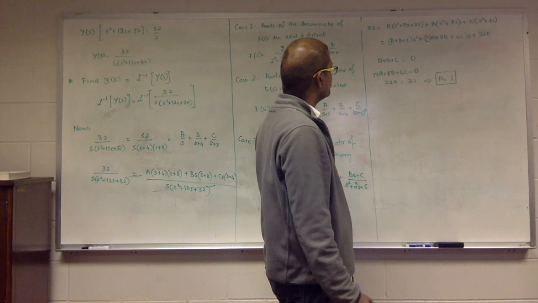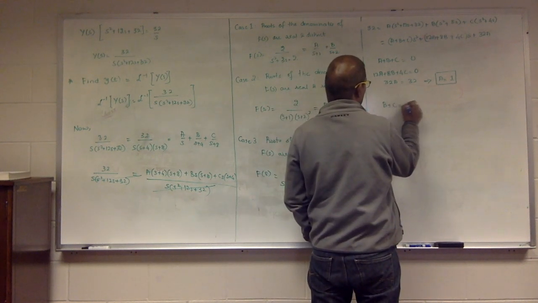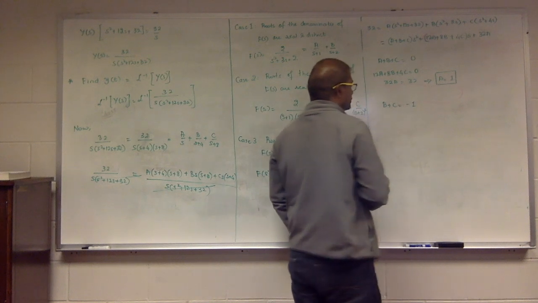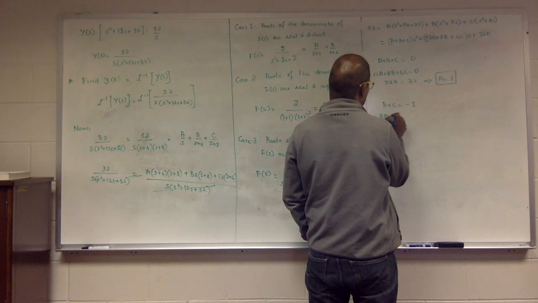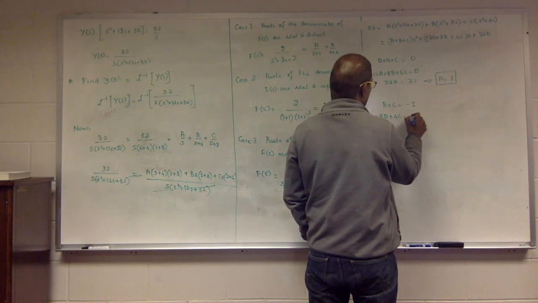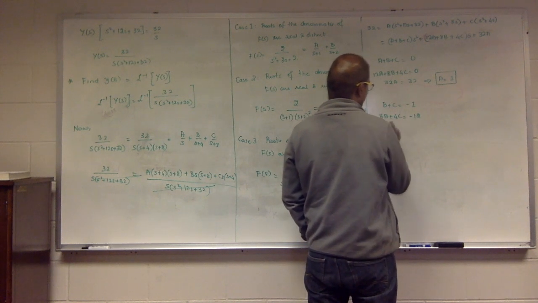Okay. So B plus C is what? Minus 1. And 8B plus 4C is equal to minus 12. Okay.